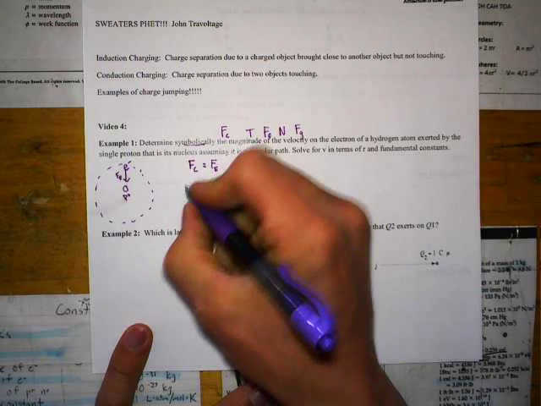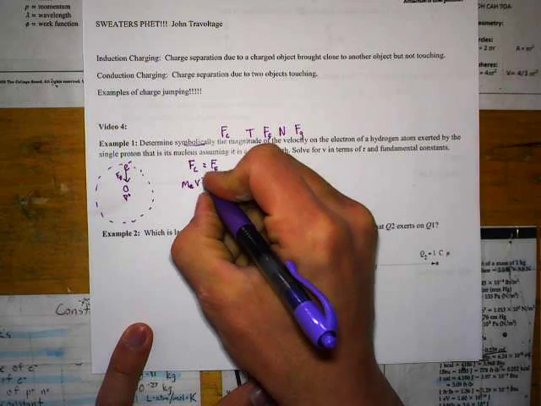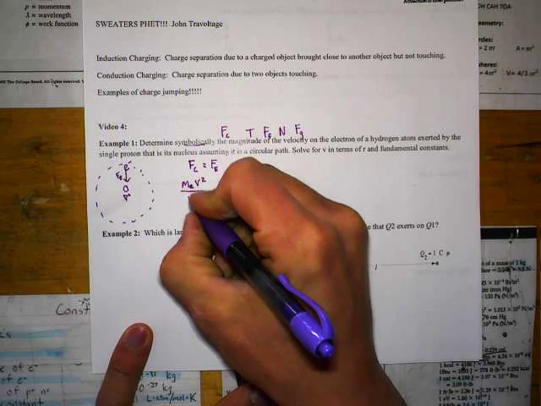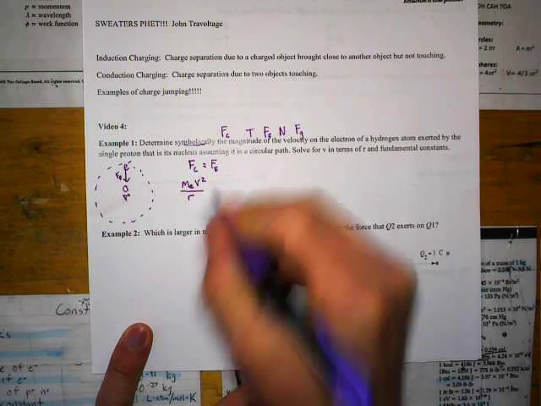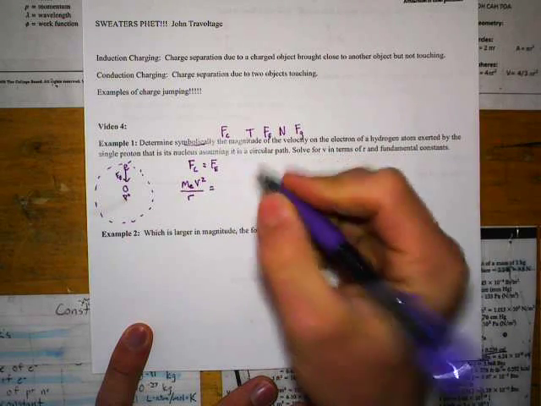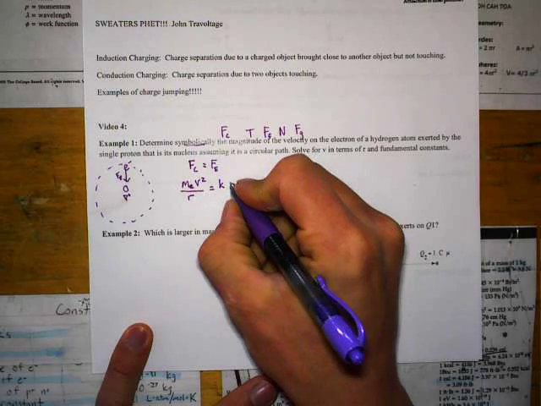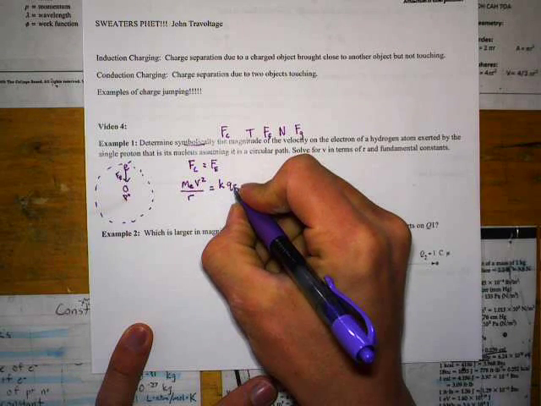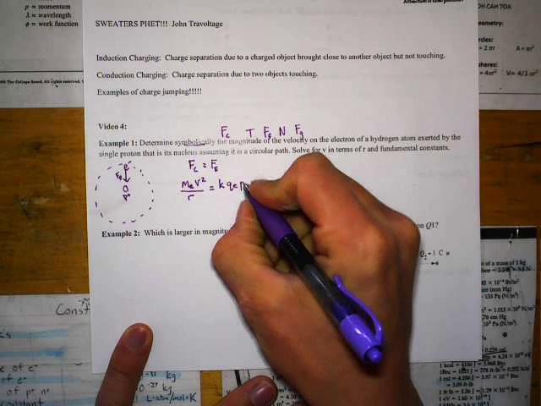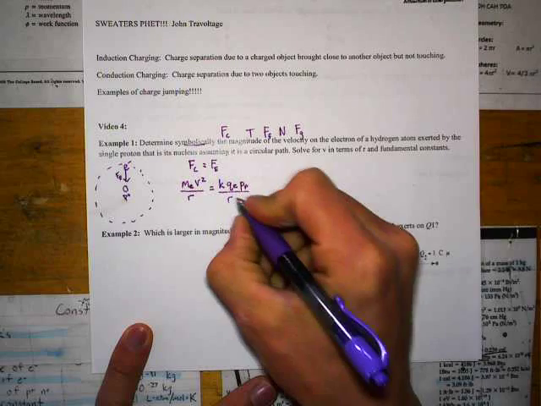So what we can do is say m, the mass of the electron, v squared over radius, is equal to the electrostatic force. That's going to be Coulomb's law constant k, charge of an electron, charge of the proton, divided by their radius squared.